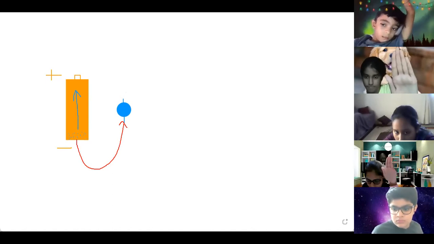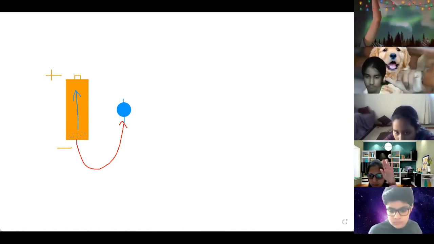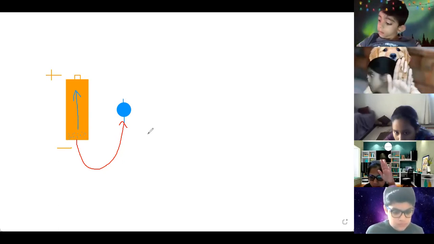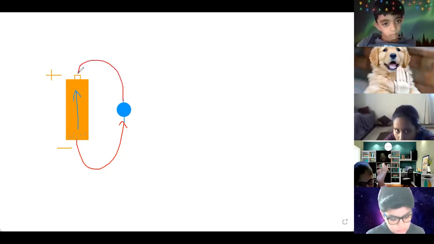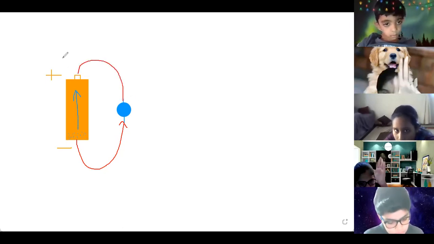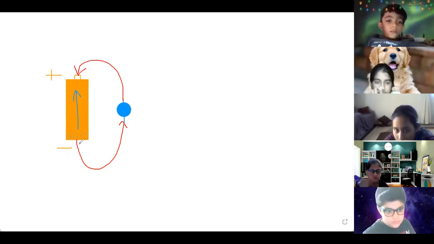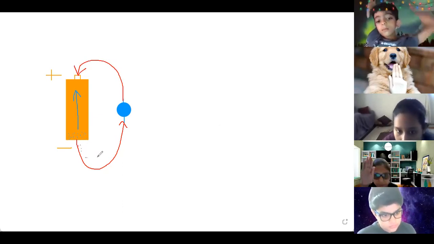So it is something like, hey, you give me the path and I will make you work. It's give and take. So when you finish the circuit from this point to the positive, now the electrons found their path and they will travel.